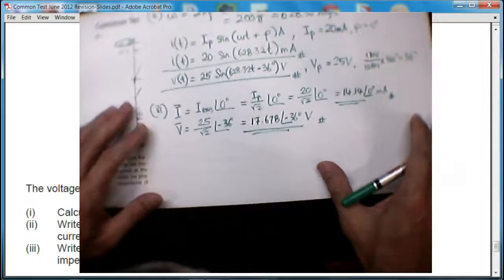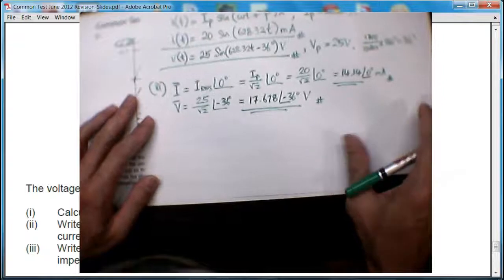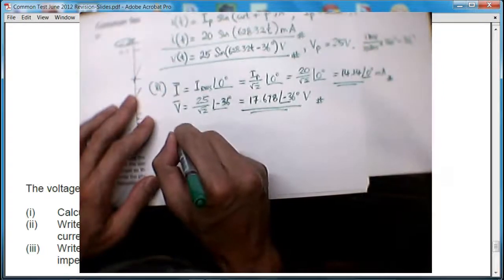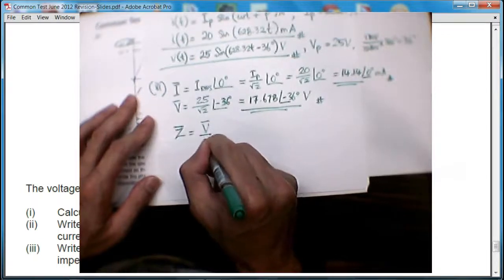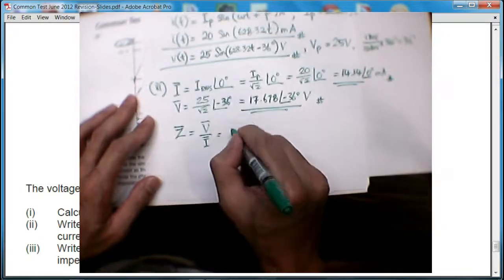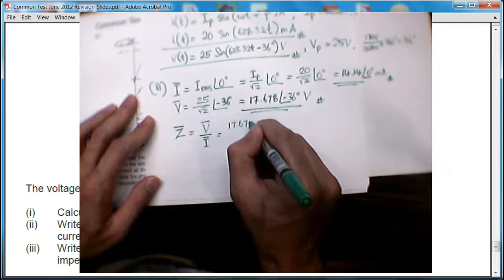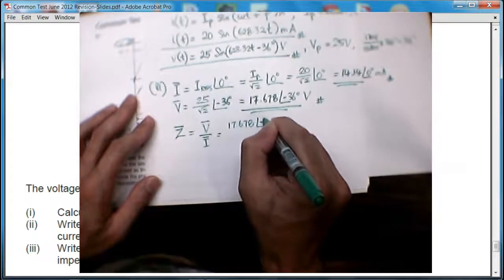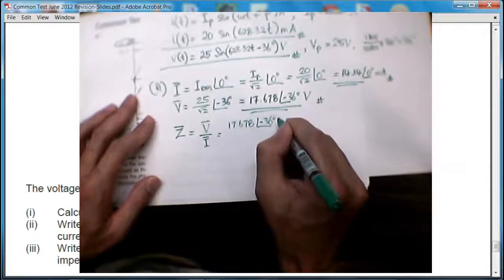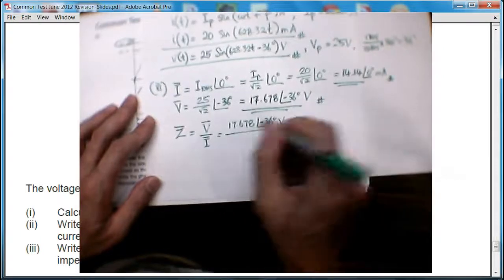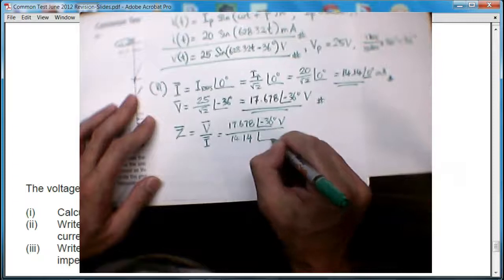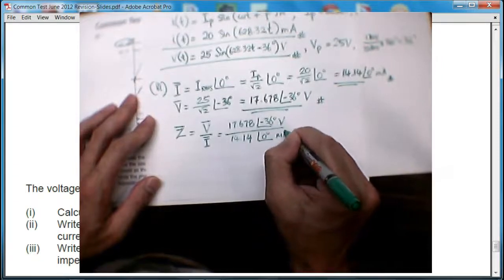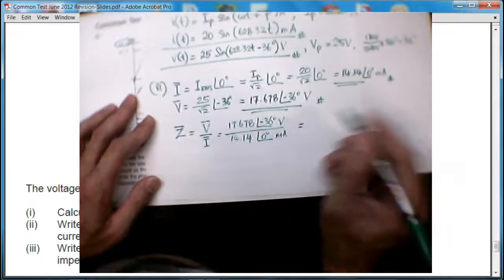Now if you want to determine the overall impedance of the circuit, impedance, as we know from Ohm's law, is V over I. That gives me 17.678 at the angle of minus 36 degrees divided by 14.14 angle 0 milliamp. So please remember that.